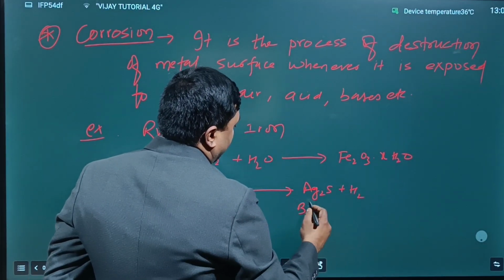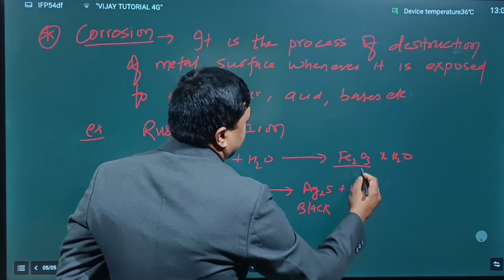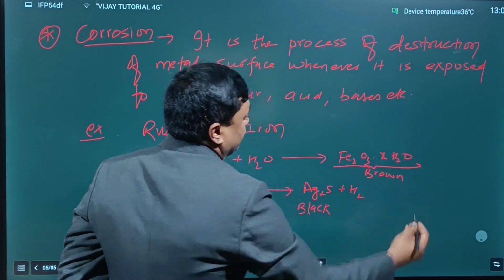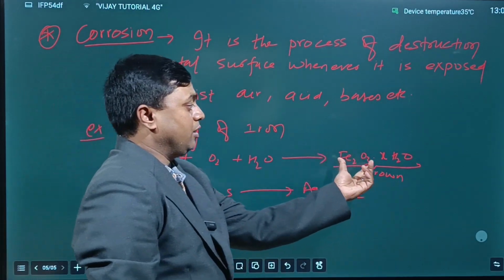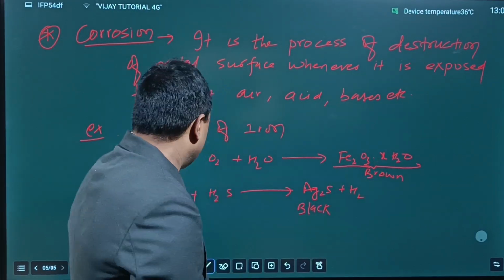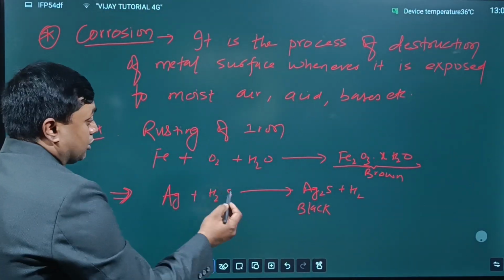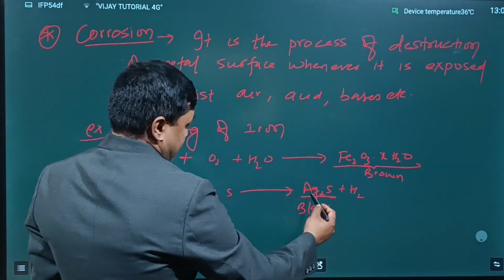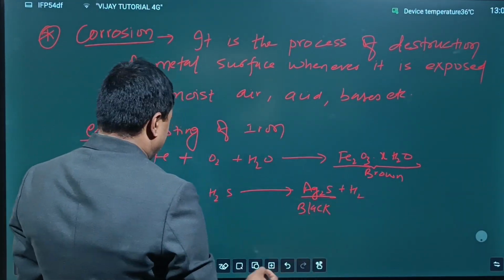Here a black coating of silver sulfide is obtained. Sometimes they may ask what is the formula for rust: Fe2O3·xH2O. In silver, silver sulfide Ag2S, black color, is formed.